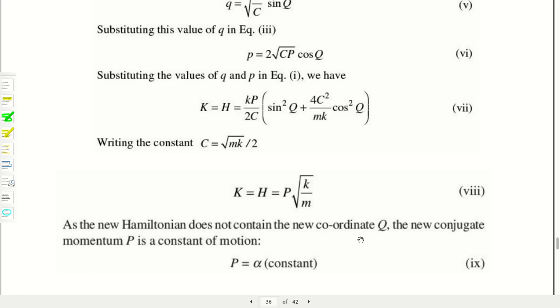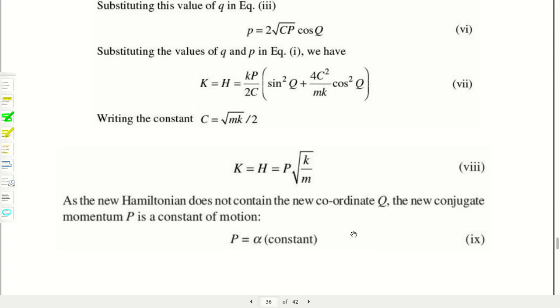So del K del Q is equal to 0, which is equal to minus P dot, from the Hamiltonian's equation of motion. We saw that P dot is equal to minus del H del q. In the new coordinate system, it is del K del Q. So del K del Q is 0, so P dot is again 0.